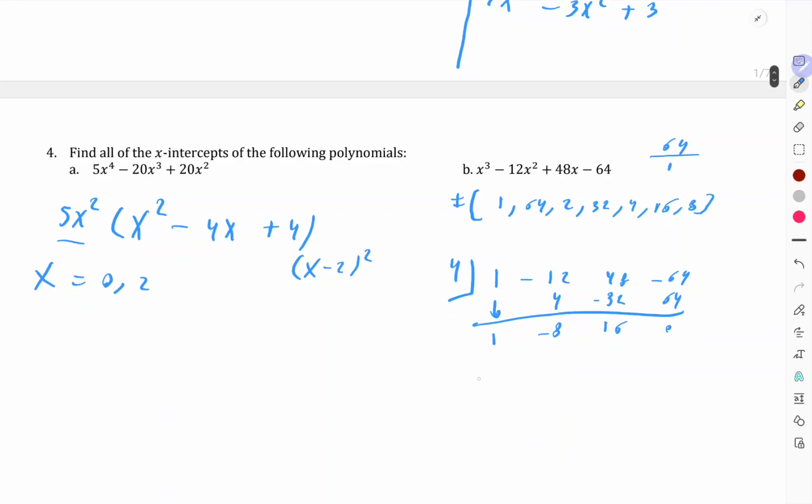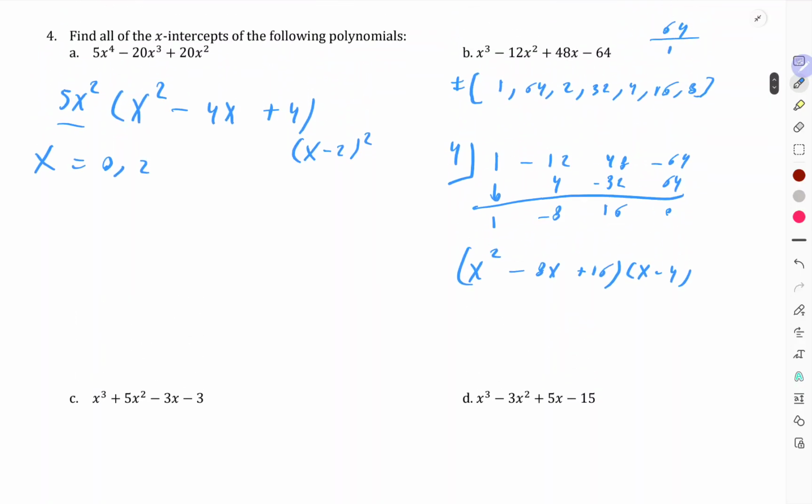And essentially what we have here is x squared minus 8x plus 16. Let's write out the factor: x minus 4. There we go, that is the factor.